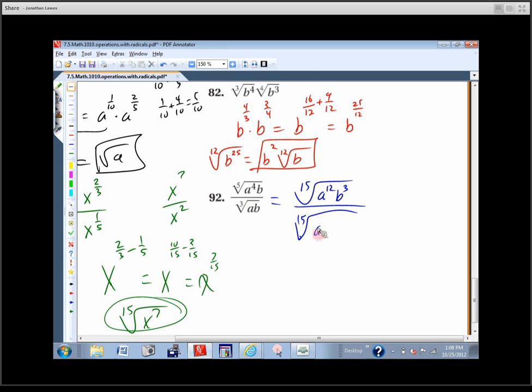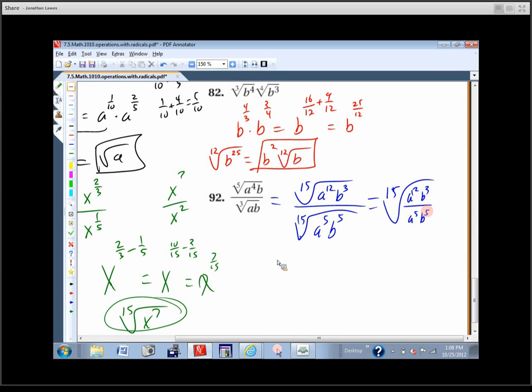Multiply those by 5, so that would be a to the 5th, b to the 5th. Good there? That is the 15th root of a to the 12th, b to the 3rd over a to the 5th, b to the 5th. Is that all right?